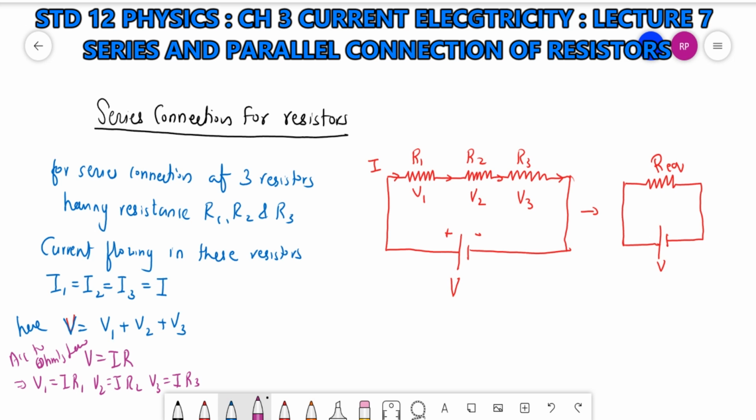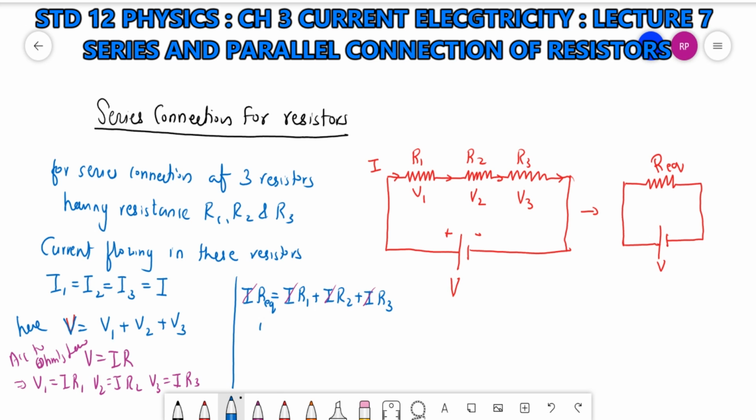Now see, I have not written I1 R1, I2 R2, I3 R3 because I1 equal to I2 equal to I3. So from this I get I R equivalent is equal to IR1 plus IR2 plus IR3. As the current is same, it will get cancelled.